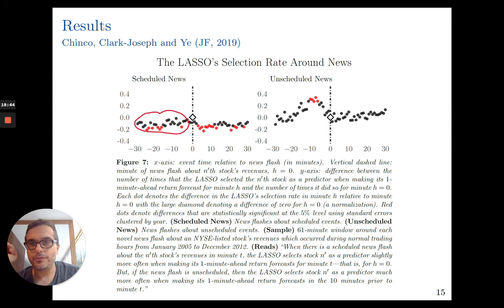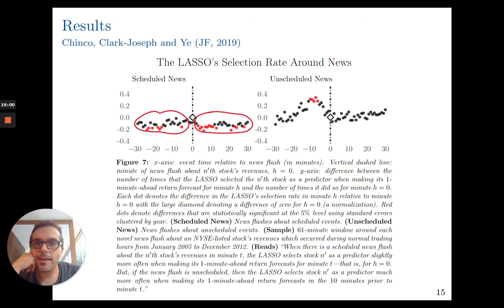What we see before and what we see after is not very different. The amount of significance is almost the same, and the frequency of selection is almost the same.